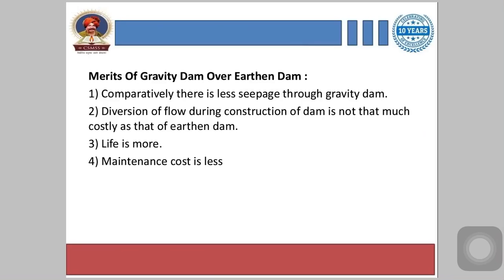If we consider the point of spillway, then spillway is provided separately in case of earthen dam, and spillway is provided in the body of the dam in case of gravity dam.